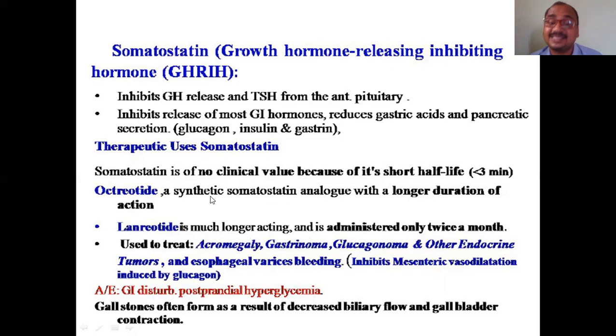Octreotide is a synthetic, longer acting inhibitor, which they will ask you in the exam. Okay, and it is used to treat acromegaly, because acromegaly is excess growth hormone secretion, gigantism. Okay, all these conditions can be treated by somatostatin.